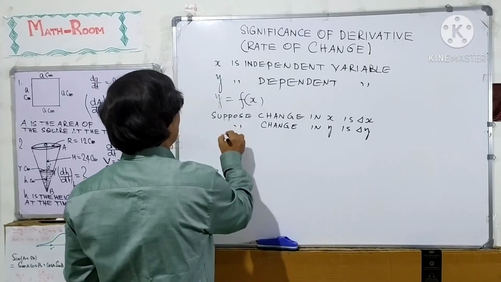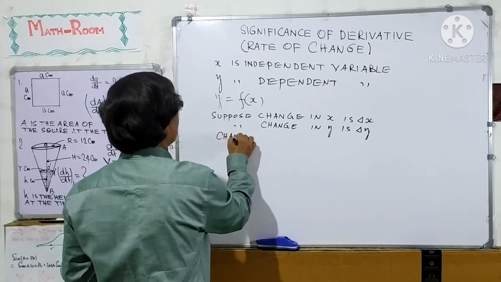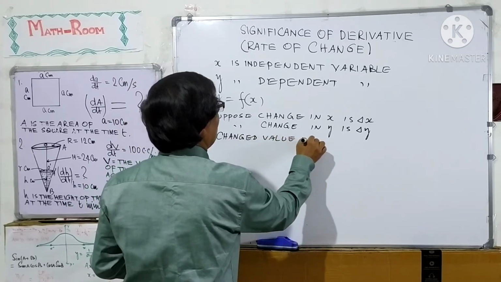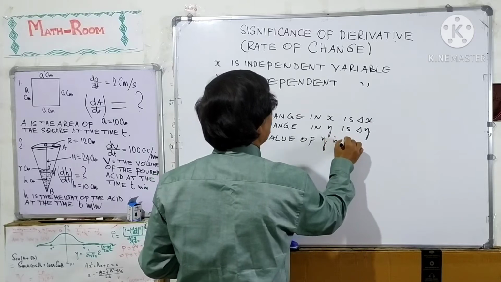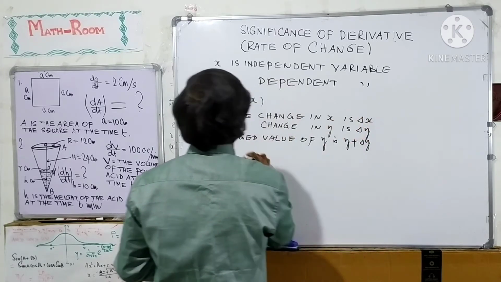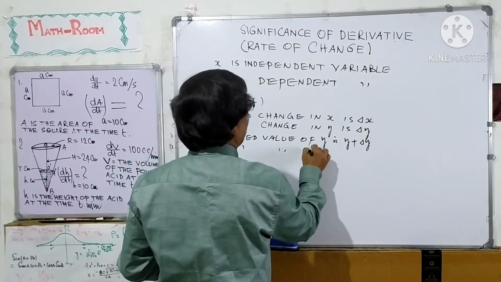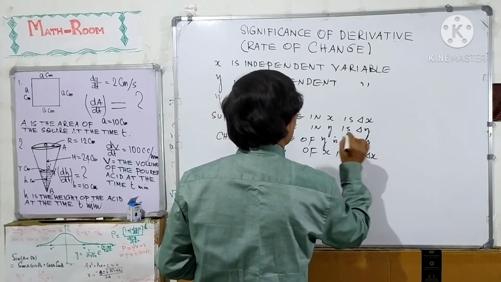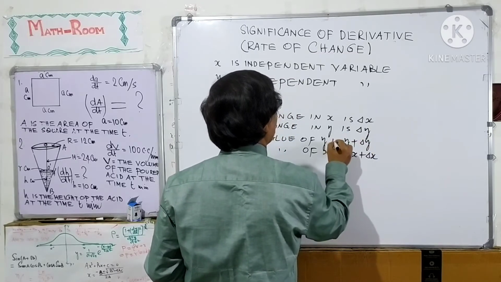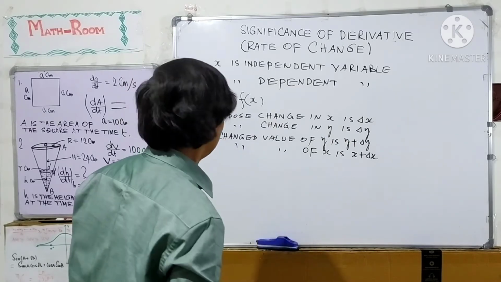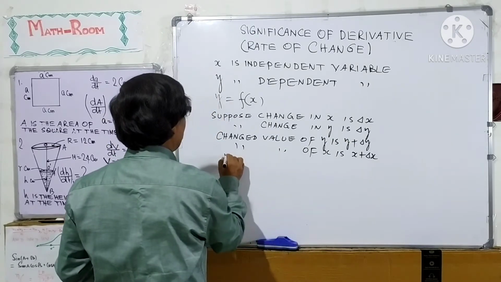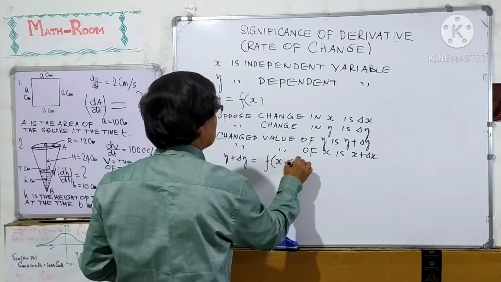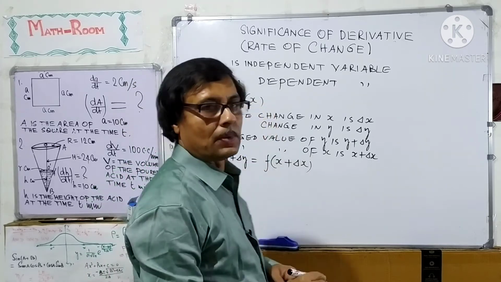So the changed value of y is y plus del y, and the changed value of x is x plus del x. So we can write y plus del y equals f of x plus del x, because y is a function of x.